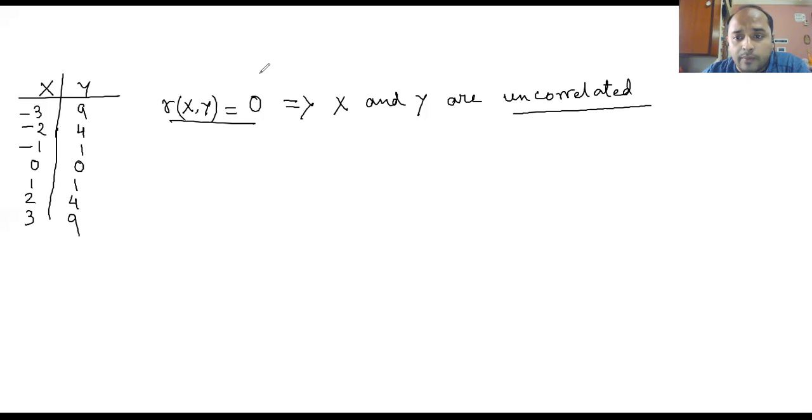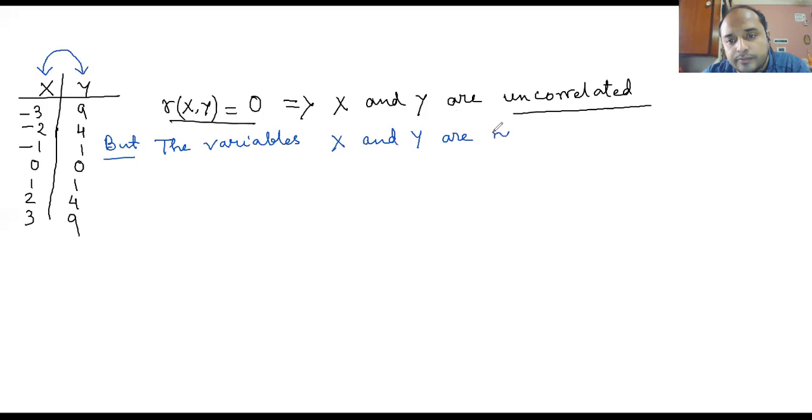So if you observe these two variables very carefully, you will notice that the variables capital X and capital Y are not independent.